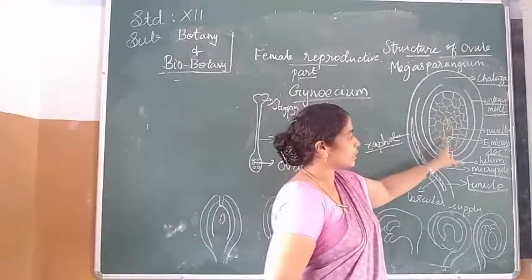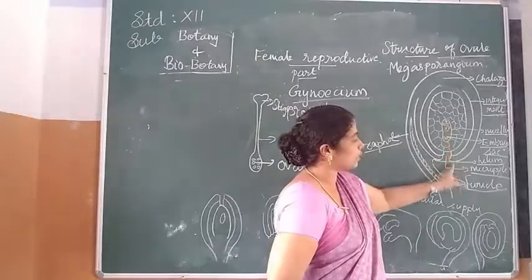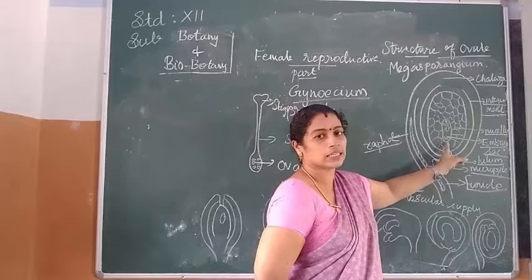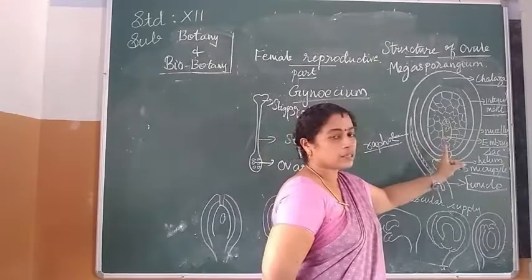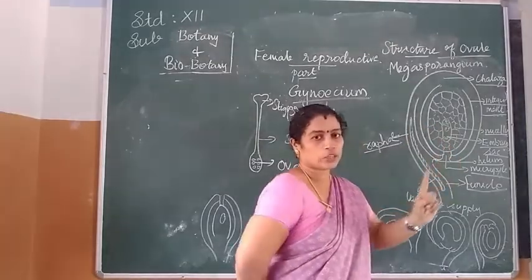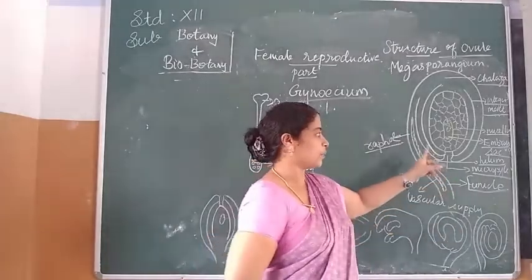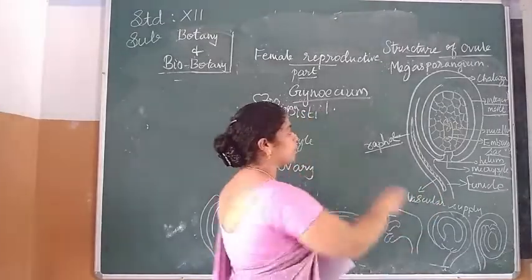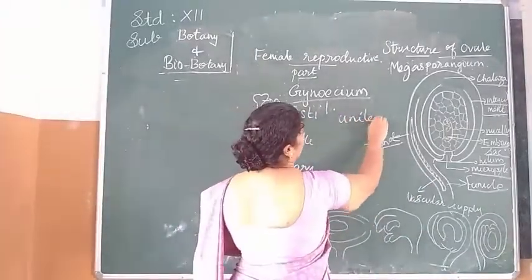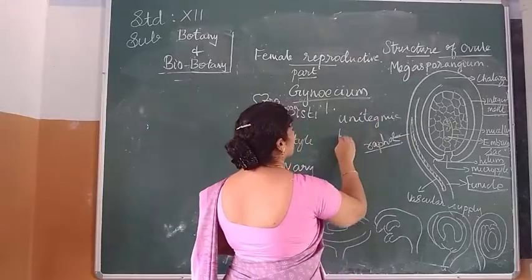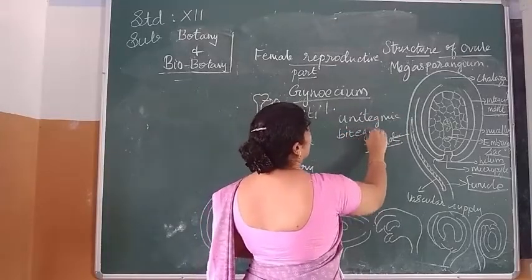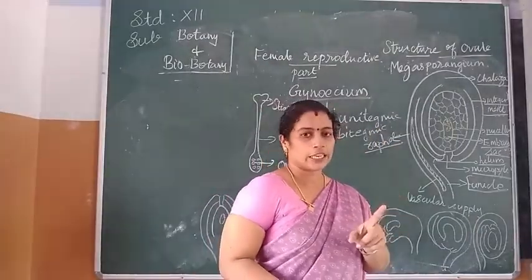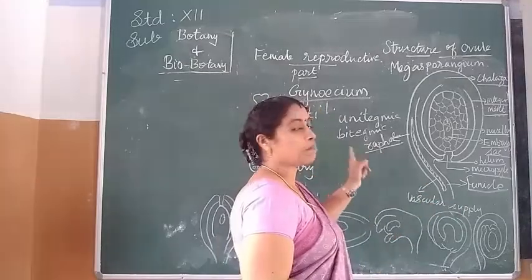The embryo sac is present towards the micropylar end, and it is a sac-like structure which possesses the embryo. It is covered by the integument. Based on the number of integuments, it is classified into unitegmic and bitegmic. With only one integument it is unitegmic, and with two integuments it is bitegmic.